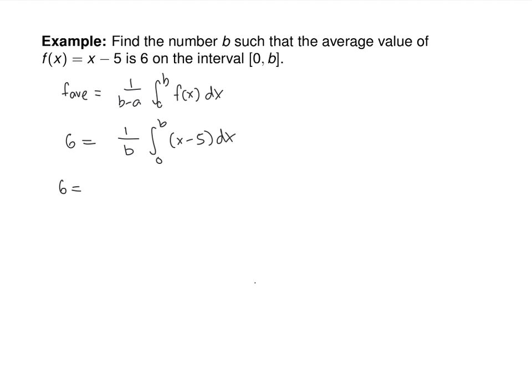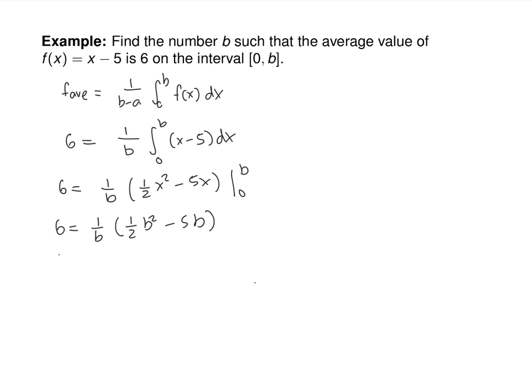So 6 equals 1 over b times 1/2 x squared minus 5x, evaluated from 0 to b. So 6 equals 1 over b times 1/2 b squared minus 5b. Plugging in 0 just gives us 0.